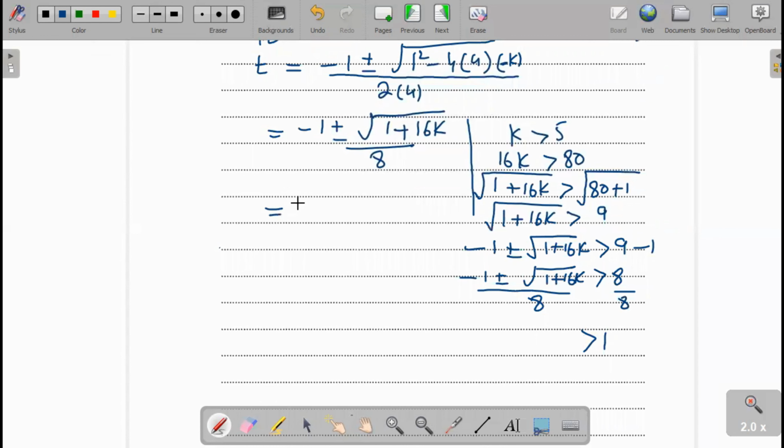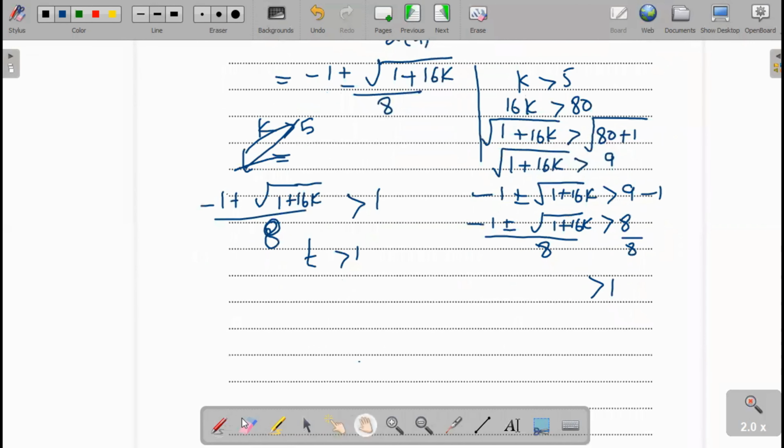Now we can write it. If k is greater than 5, then minus 1 plus square root of 1 plus 16k over 8 will be greater than 1. That is t, and t is greater than 1, and you know t is cos square x, so cos square x is greater than 1.